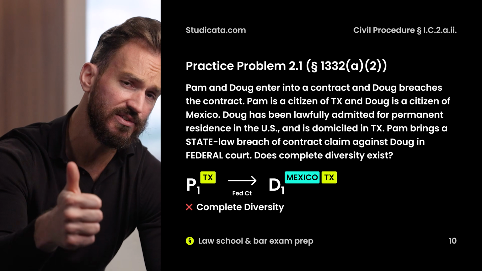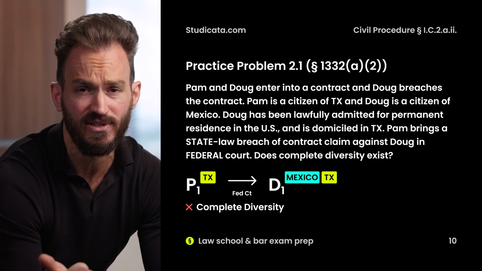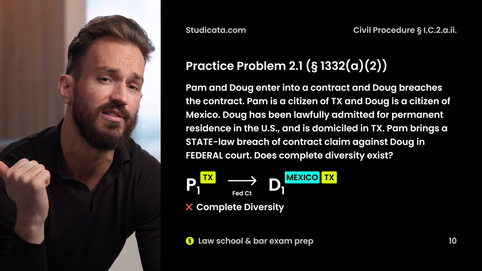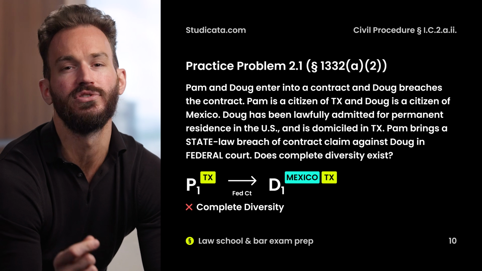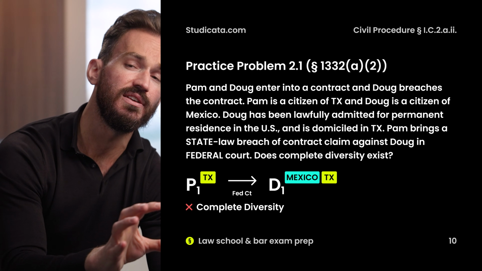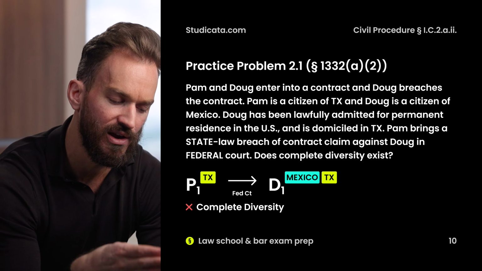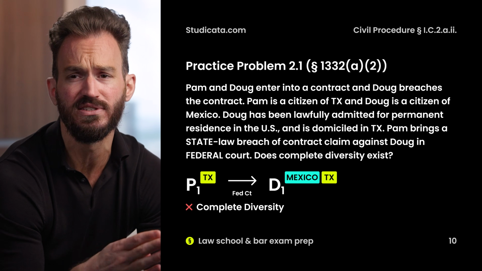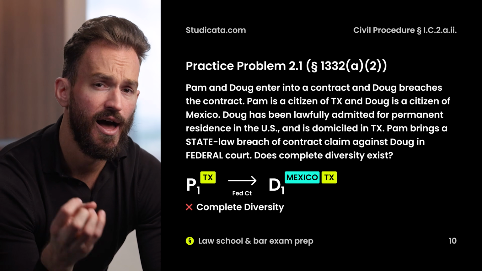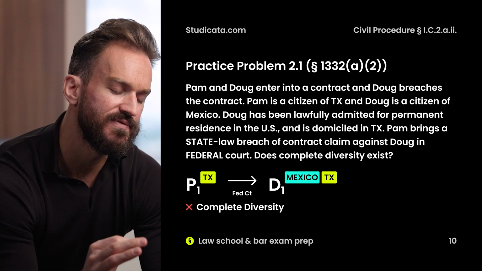Doug is a citizen of Mexico, but he is a permanent resident. He has permanent resident legal status in the United States, but now he's domiciled in Texas. That's where the exception destroys diversity, right here. So this is what we want to look out for. This is the big exception of 1332(a), this fact pattern.